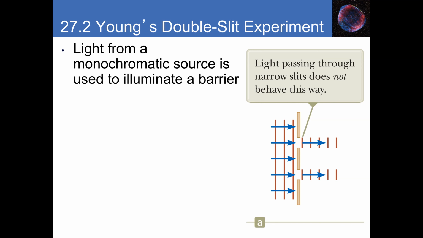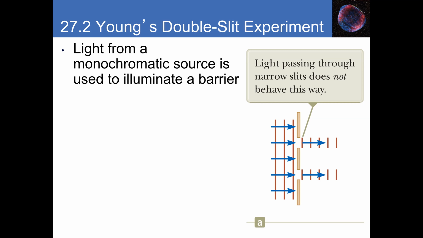But then in 1801, Thomas Young did an experiment using what we call a double slit. It's called the double slit experiment, where without doubt, he demonstrated that light is a wave. That means the experiment gives you a result that can only be explained if light is a wave. And that's what we're going to look at and digest.